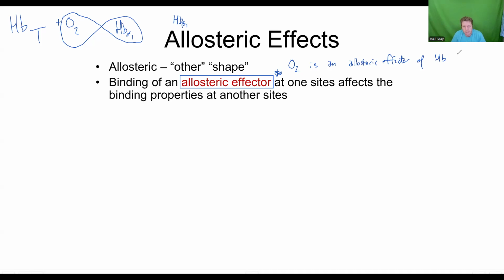O2 is a ligand of hemoglobin. Not only is it a ligand of hemoglobin, it's the natural ligand of hemoglobin. It binds to it because that's its function, what it needs to do. I know that personifies it and gives it an intention, and the protein doesn't know any better. It's a protein. But O2 is the natural ligand and it's an allosteric effector.